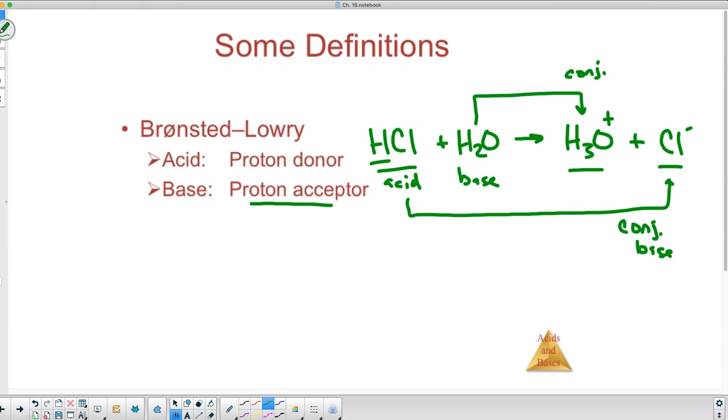So these are like a pair where the base and the conjugate acid are together in a pair, and the acid and conjugate base are together in a pair, which is why I have the arrows drawn like this. So they are related to each other. Okay, so I'll ask you at some point, what's the acid conjugate base pair? And if I ask you that for this example, it would of course be the HCl and the Cl minus would be your acid conjugate base pair.